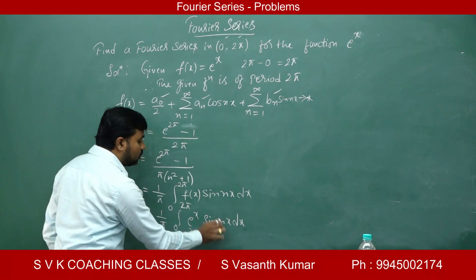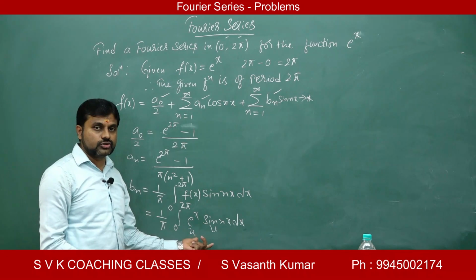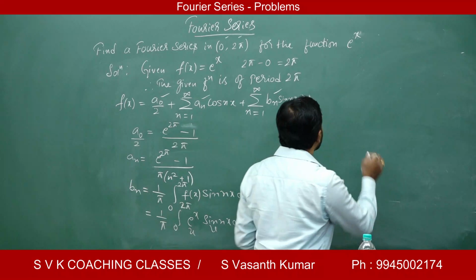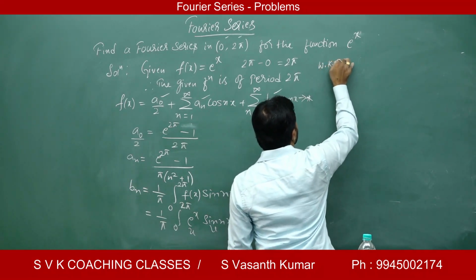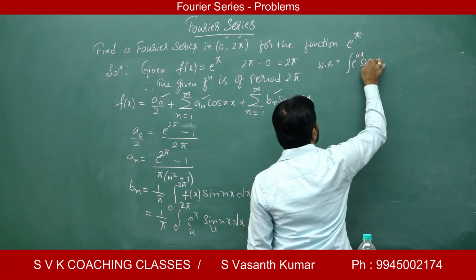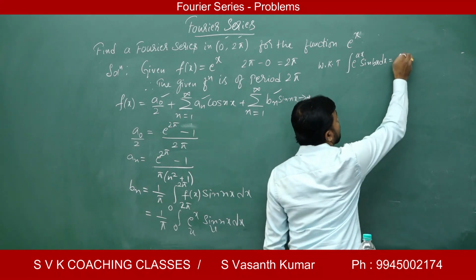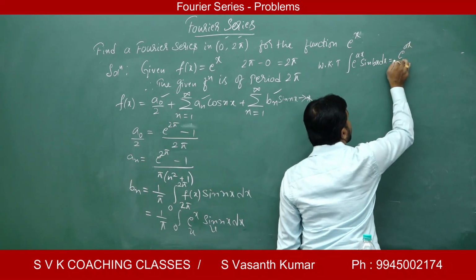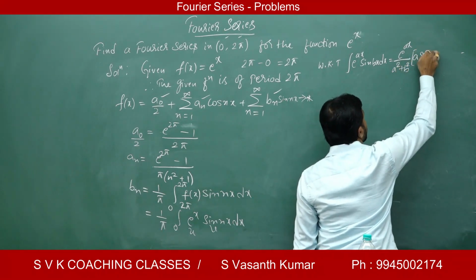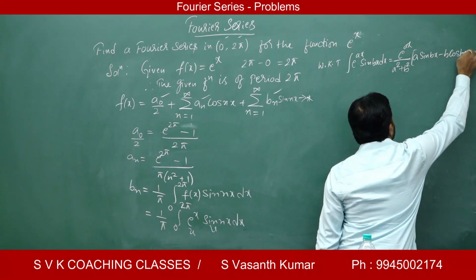Again you should apply the UV rule here. When you apply Bernoulli's rule, the term will not terminate to 0. So we have a standard formula which we have studied in plus 2. We know that the integral of e power ax into sin bx dx is e power ax divided by a square plus b square into a sin bx minus b cos bx.